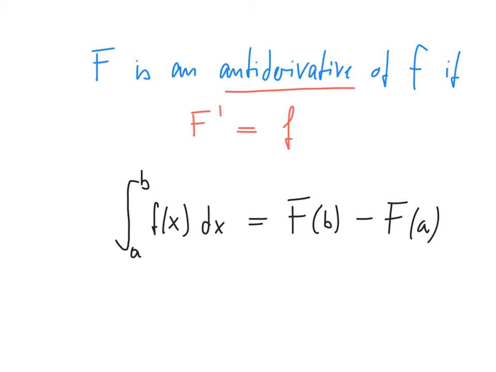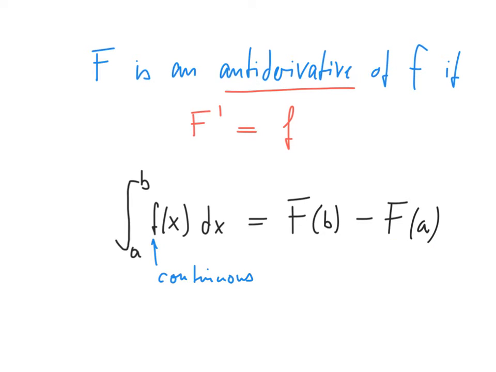Now we can write the fundamental theorem of calculus as follows. Suppose capital F is an antiderivative of little f, and again suppose that f is continuous. I'm just writing this because this assumption needs to be made. Then we can get the definite integral of little f from a to b as simply the difference of capital F of b minus capital F of a.